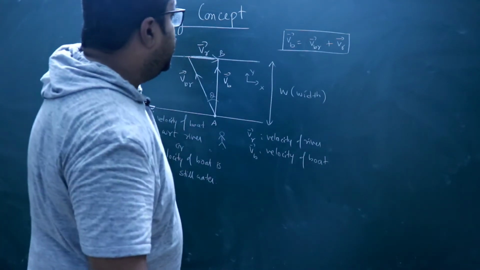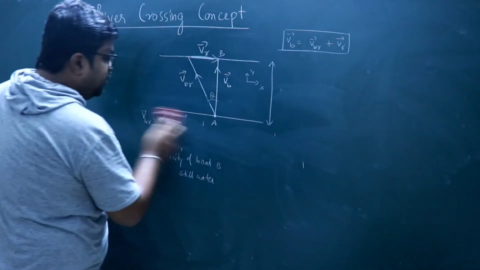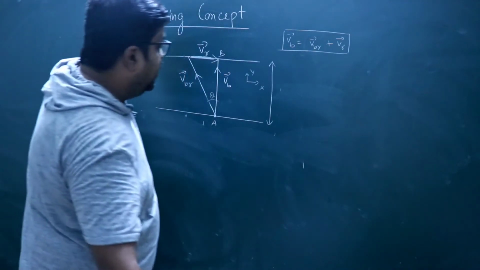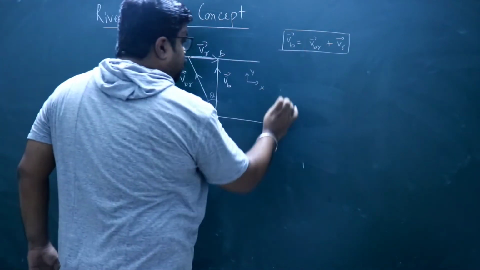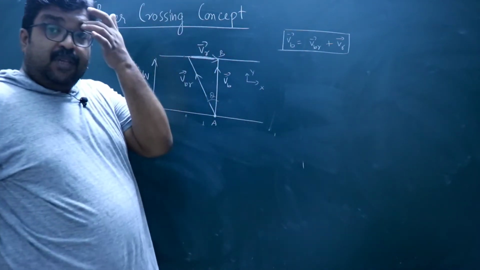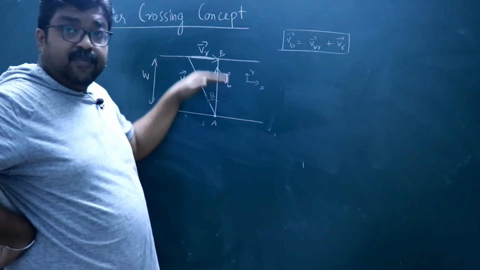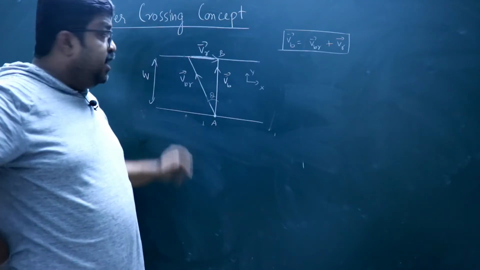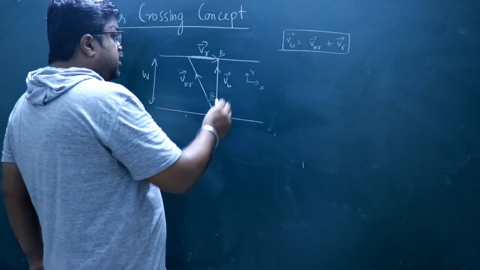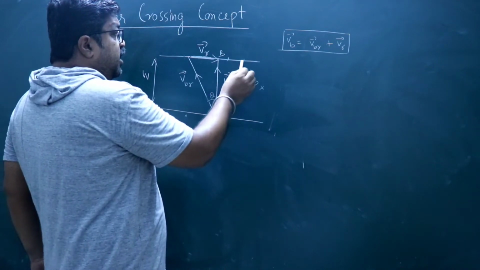Now see, while crossing this river, the river width is W. The boat is undergoing displacement along y-axis. Displacement along y-axis is W, and it is quite possible that the boat does not reach here, but reaches somewhere here or here.